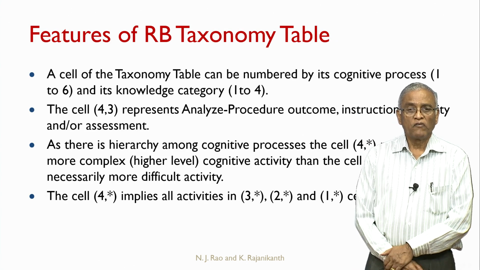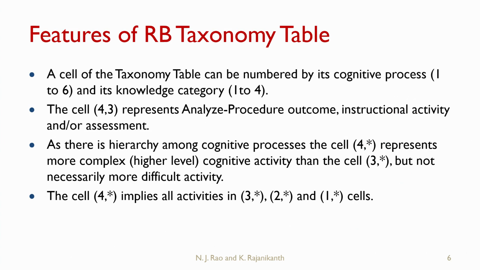Now, let us look at the features of this RB or revised Bloom taxonomy table. A cell of the taxonomy table can be numbered by its cognitive process 1 to 6 and its knowledge category 1 to 4.